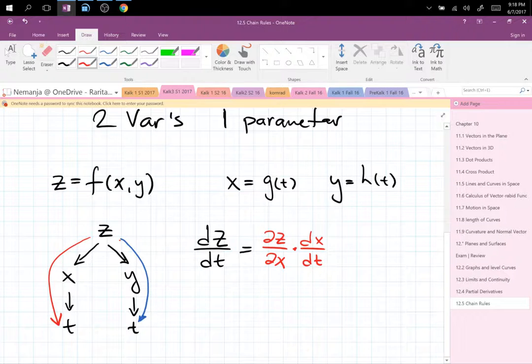So that is going down the red line, and we add to that the blue line, which means we start with the partial derivative of z with respect to y now, and then we have dy/dt as the chain rule.